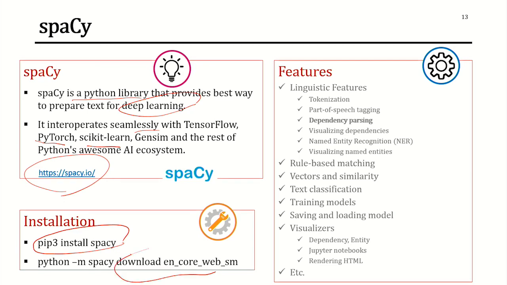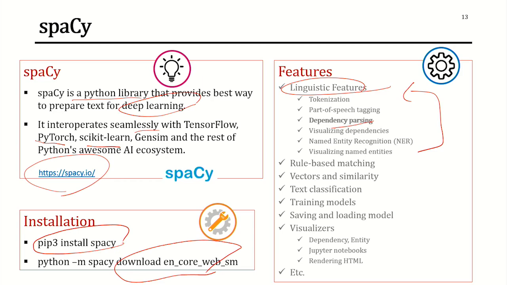And we also need to download some input data that can be used for the existing features. The features available in the spaCy library relate to linguistic features, including tokenization, POS tagging, and dependency parsing. This refers to how the words in a sentence are dependent on each other.